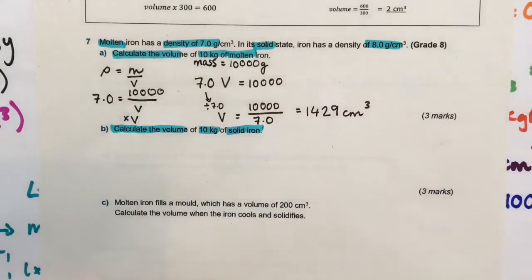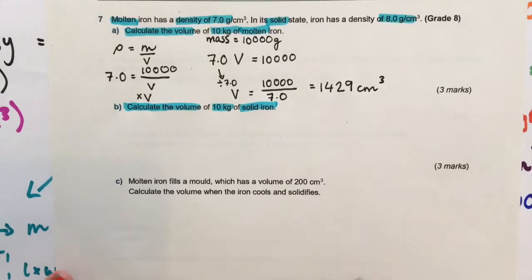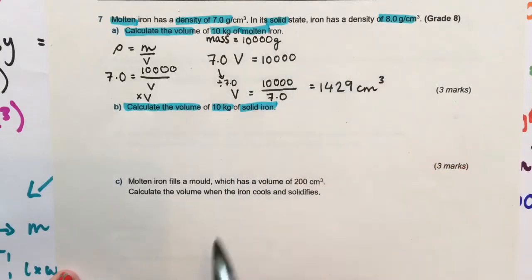And then we're being asked to do the same thing, calculate the volume of 10 kilograms of solid iron. So it's exactly the same process, so I'm not going to talk it through quite so slowly. It's the same process as above, but we're just doing it for the solid iron.